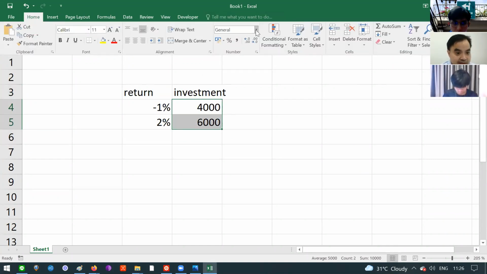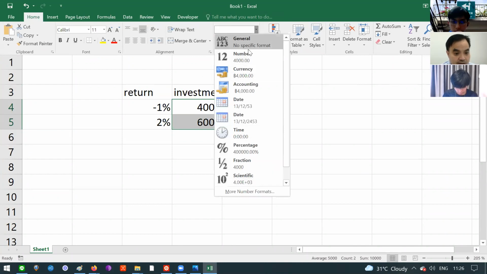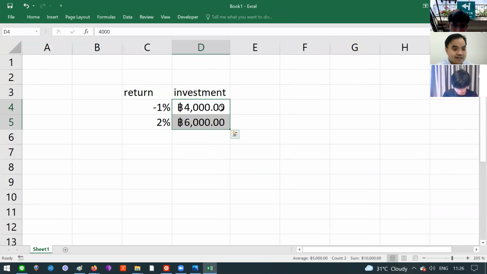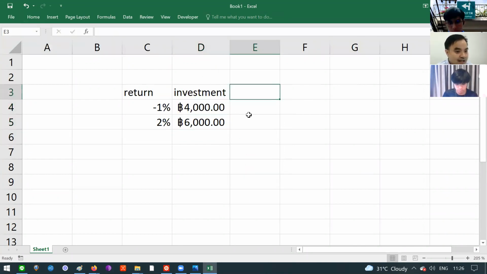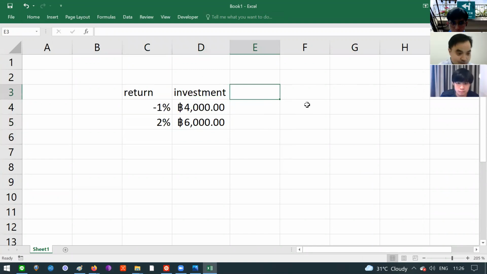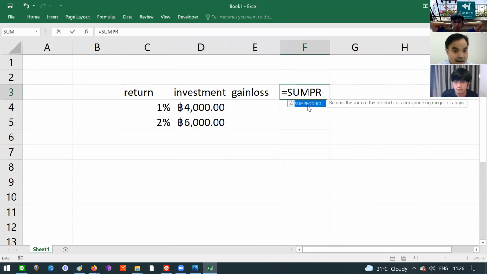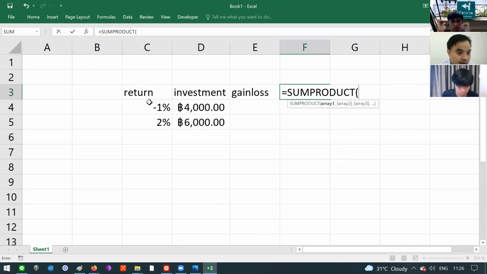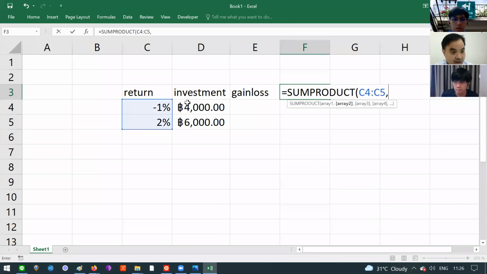So let's make this a currency. Okay, so 4,000 baht. Normally, the way you would do it is this multiplied by that plus this multiplied by that is equal to the gain loss, which is equal to SUMPRODUCT of this, comma, this.